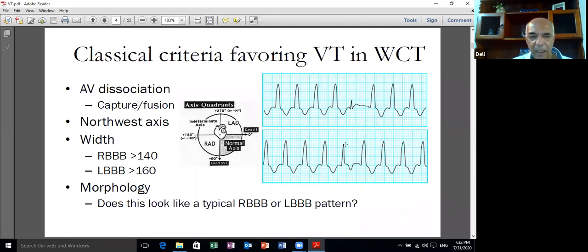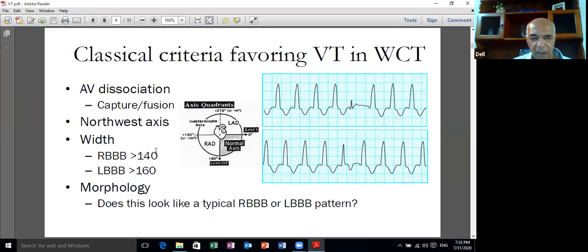The second thing, a northwest axis, which is an axis located in the upper right quadrant, in this area. I hope you can see the arrow here. And if you transect the right bundle, you get a QRS complex less than 140. So if it's more than 140 and right bundle in morphology, this is in favor of ventricular tachycardia.